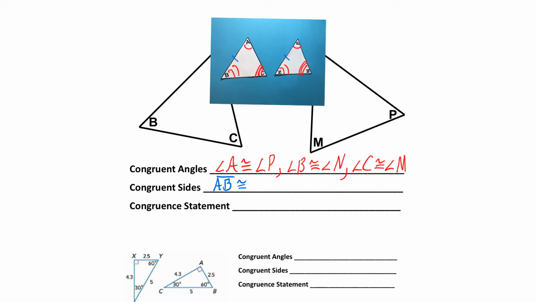Okay, and I've got to be sure I write it in the same order. So AB is to what? To PN. Okay, BC is congruent to what? To NM, and then AC is congruent to PM.